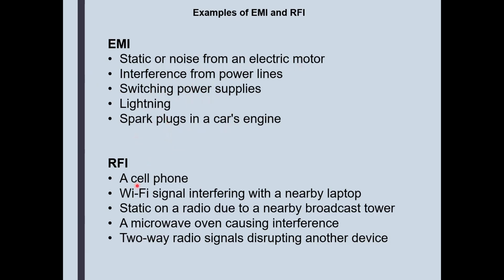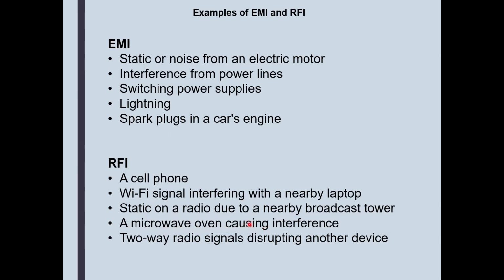Radio frequency interference: a cell phone, a Wi-Fi signal. Static on a radio due to a nearby broadcast tower. Okay, I'm not going to go too much into that. A microwave oven causing interference.